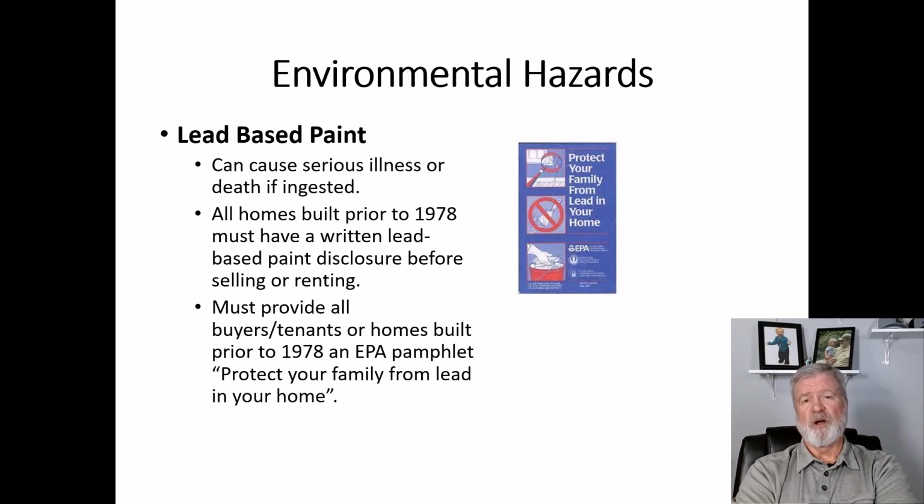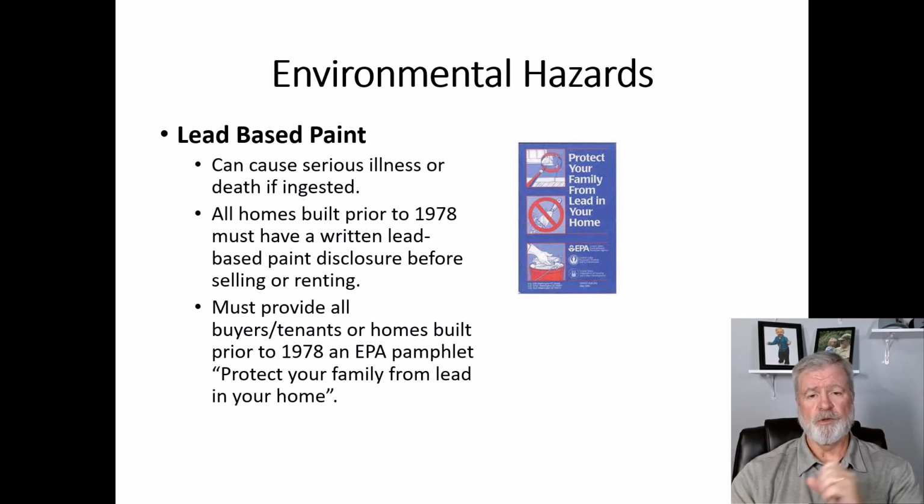Any property built prior to 1978, it could very well have lead paint in the house. Lead-based paint was outlawed in 1977. So anything up through that point, there's a good chance there's lead-based paint in the house, on the walls and whatnot.